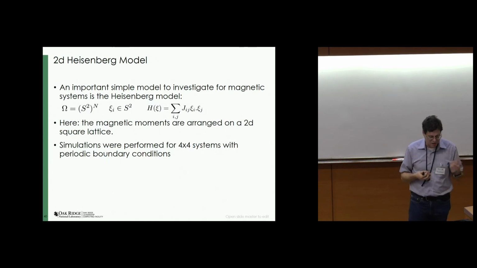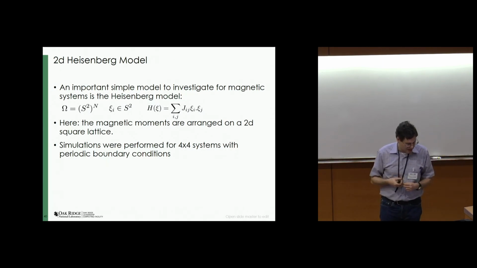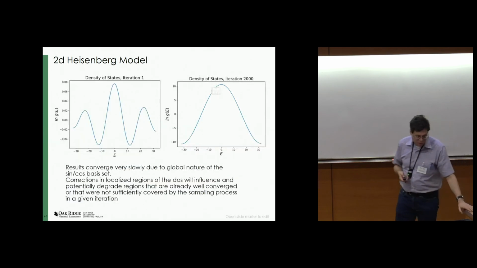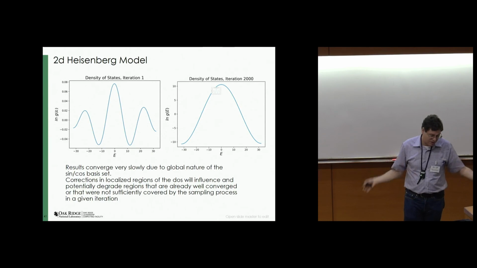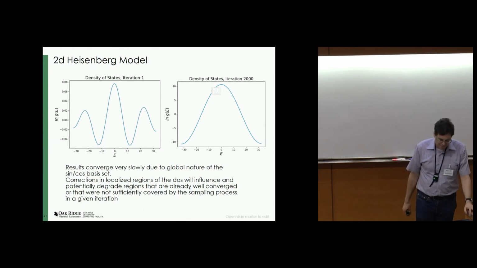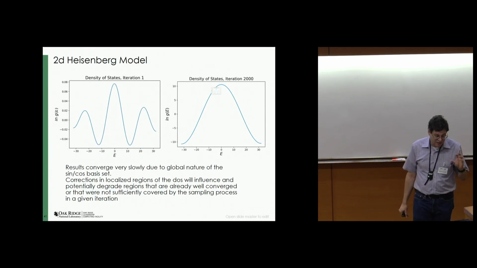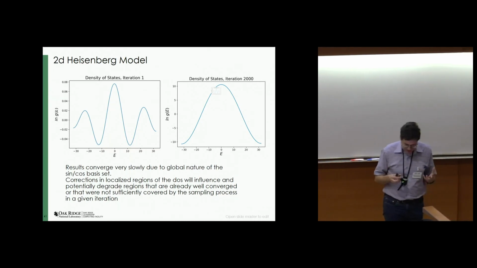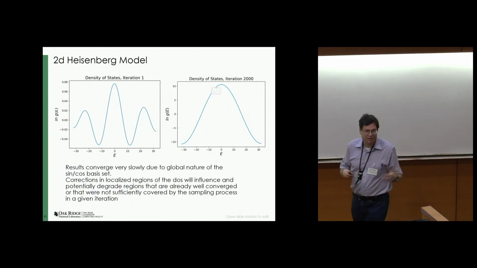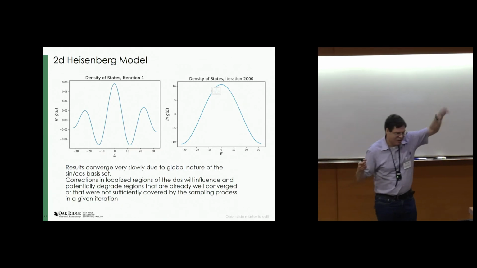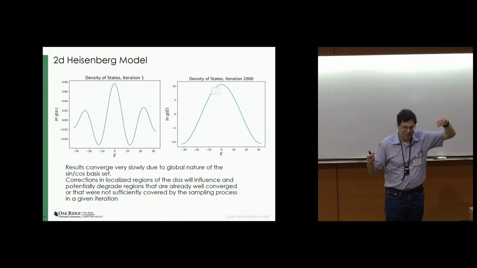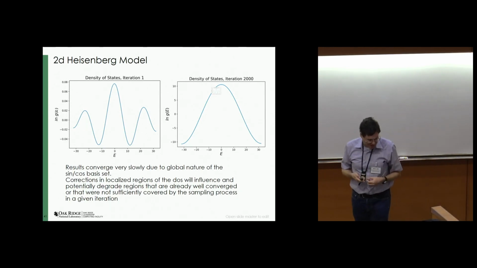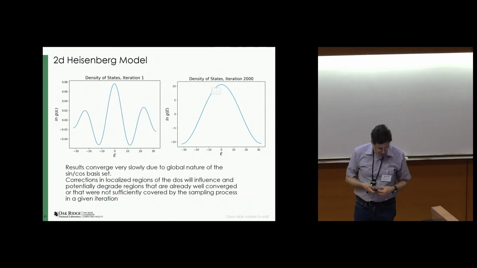So for this we've looked at just a simple 2D square lattice with periodic boundary conditions, and again for this test it's just a very small 4x4 system, and again using the sine cosine basis set we see it starts out very bad because it is a global basis set, so any change you do here trying to correct what the density of states looks like affects everything, even the things that already are good, or where you don't have enough samples to make a good choice where to go.